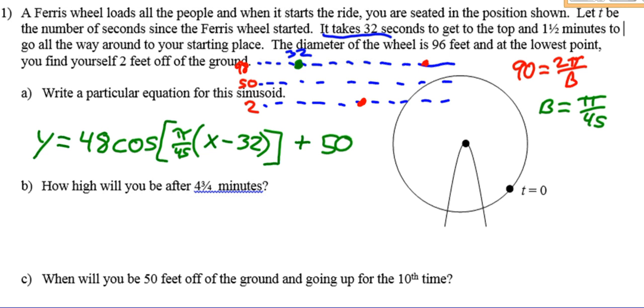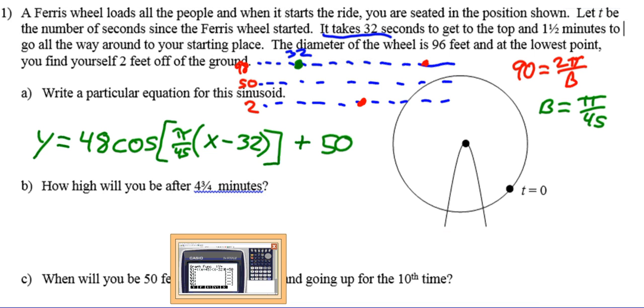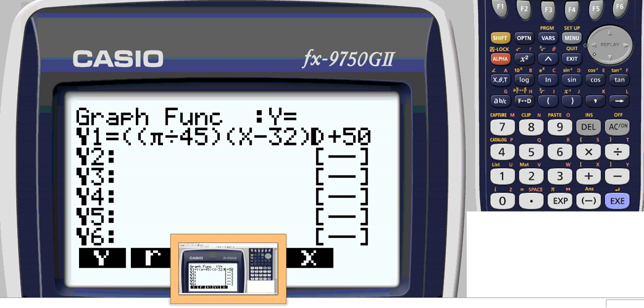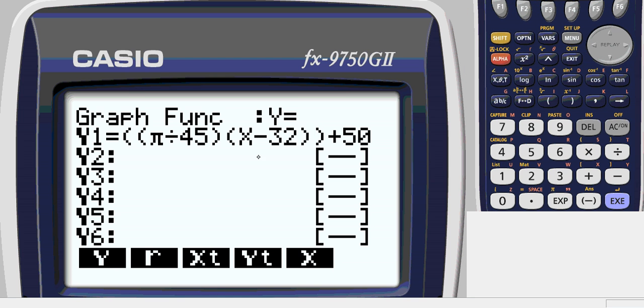So then you can type that equation into your graphing calculator, 48 cosine pi over 45 times x minus 32. Perhaps the trickiest part about this is remembering to put your pi over 45 in its own set of parentheses.